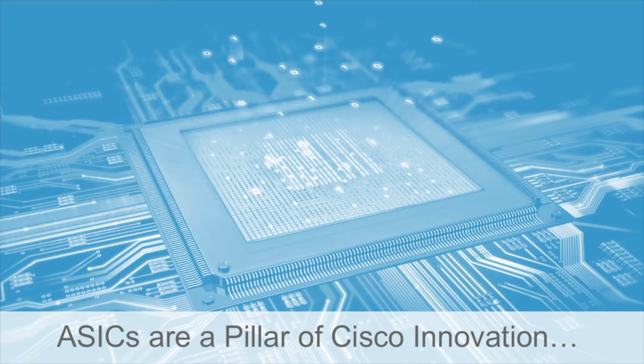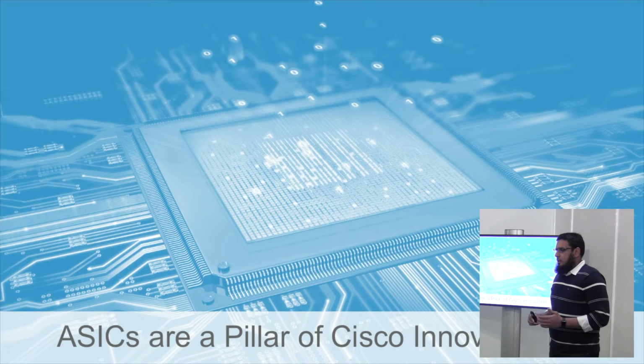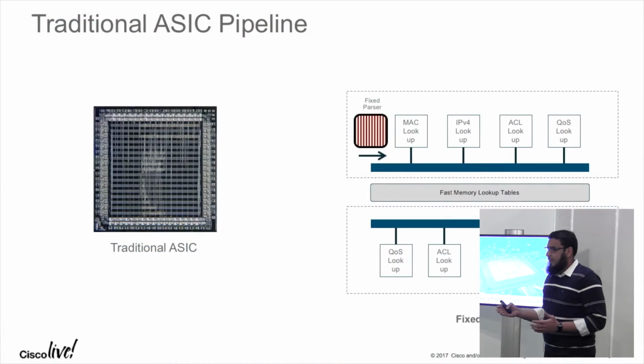Now, Cisco has been at the forefront of innovation in the ASIC areas, and we have been building our own custom ASICs for years now. It has been a pillar of Cisco innovation, the ASICs.